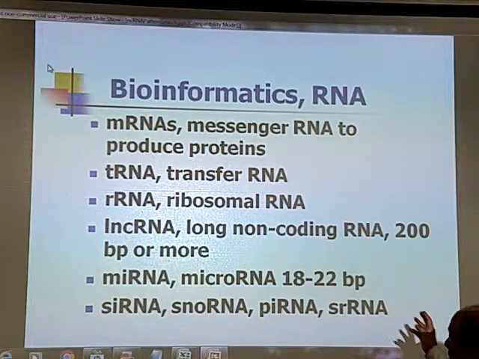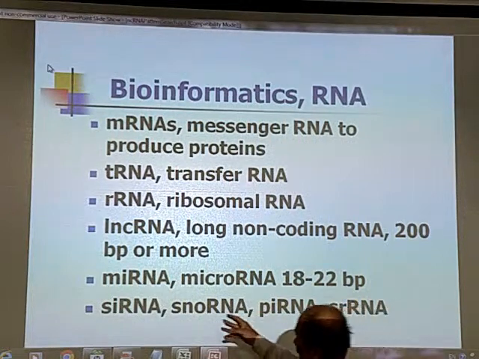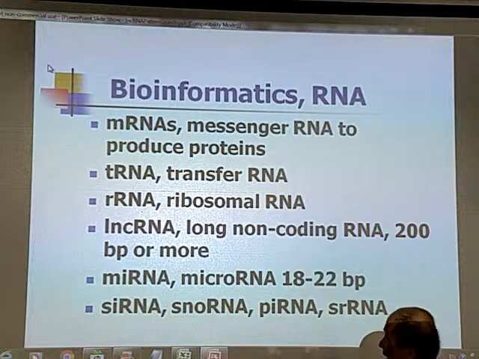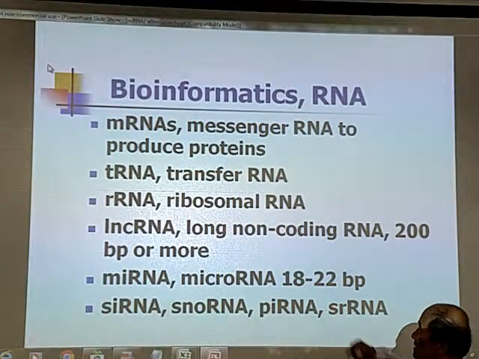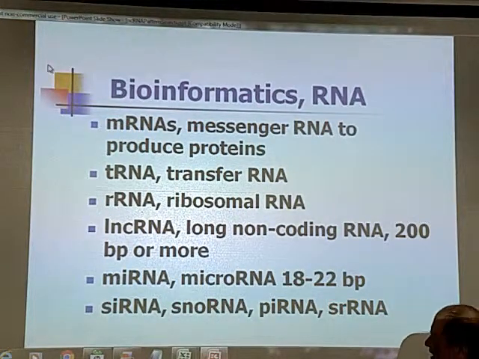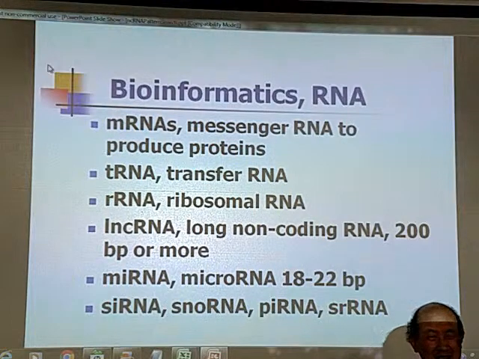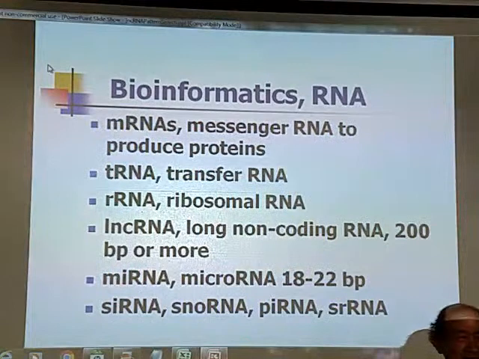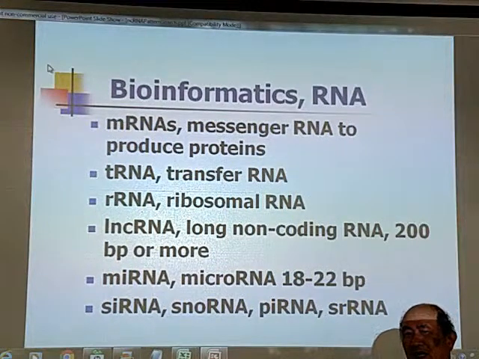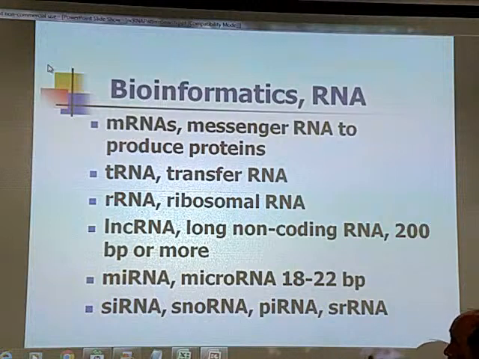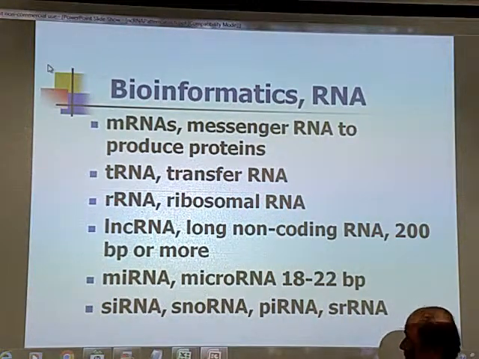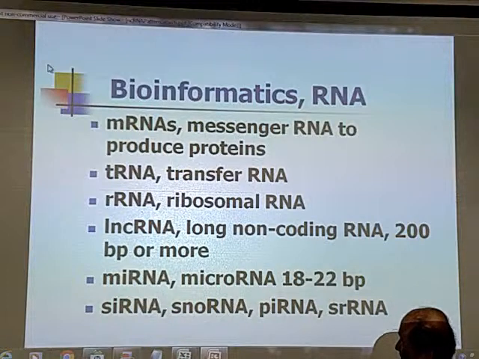And there is also very short RNA, the microRNA, which has 18 to 22 base pairs. Originally they said, oh, these are just junk left over when you break up a cell, and you probably break up lots of things. And when you break up the RNA, you get little pieces of microRNA.